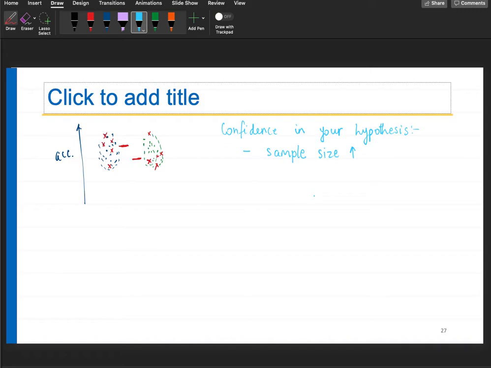Sample values, yes. Sample variance. Sample variance means the intra-class variance, the intra-class variance of samples. Yeah, maybe, yes.